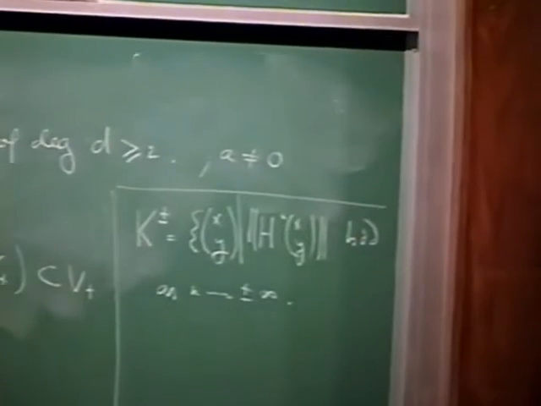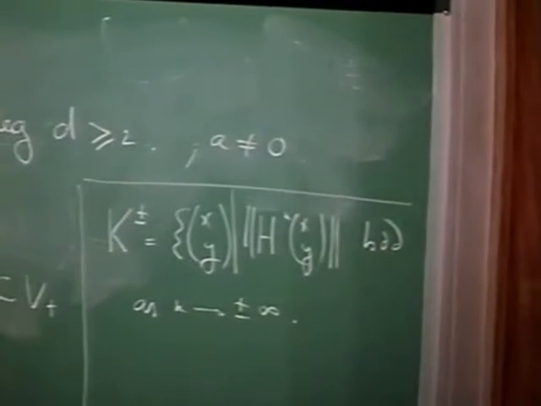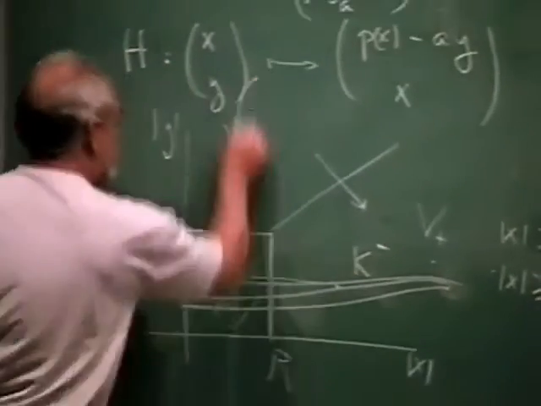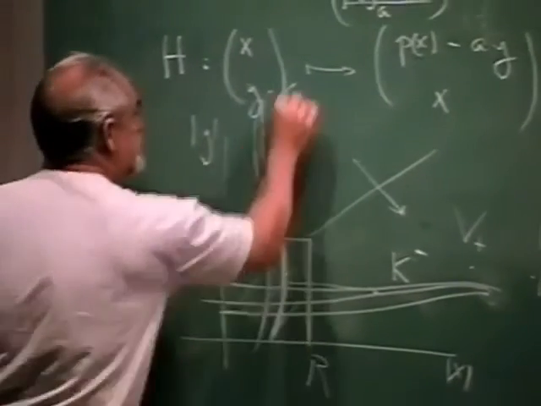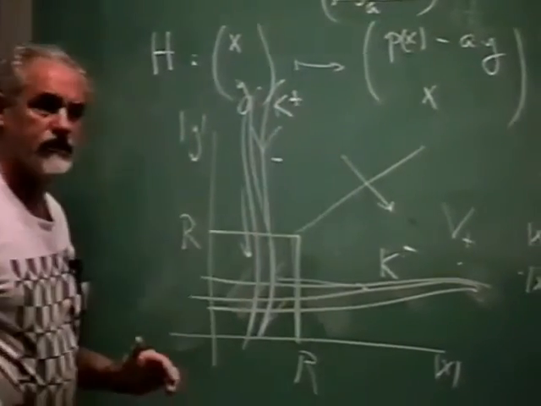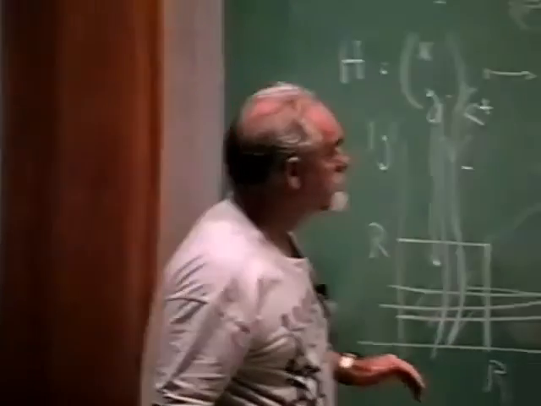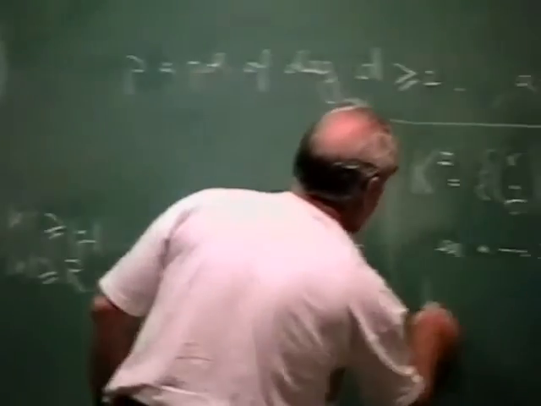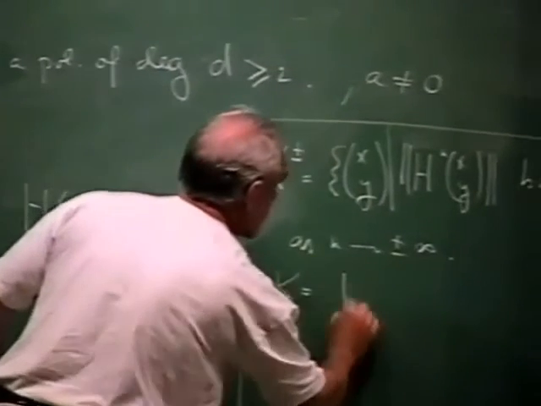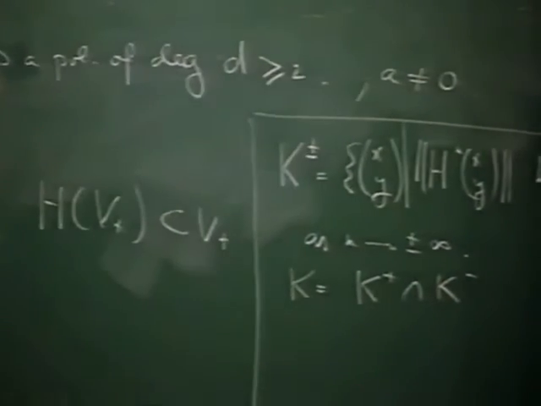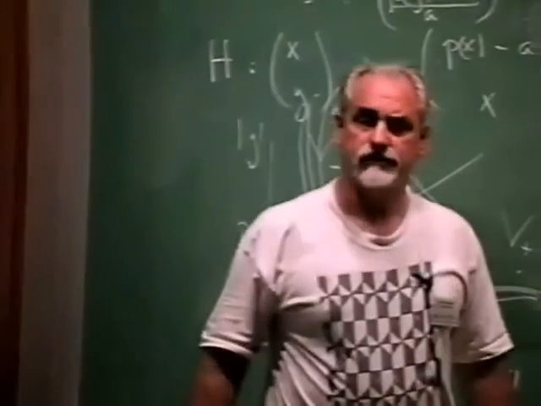And it's more or less obvious from this description that K minus has to live somehow in here, and K plus has to live in there. And K, the object of real interest, is K plus intersect K minus; that is where all the really recurrent dynamics lives.